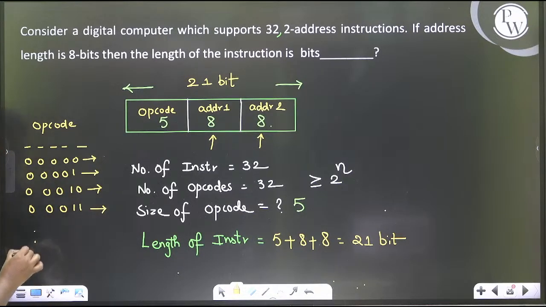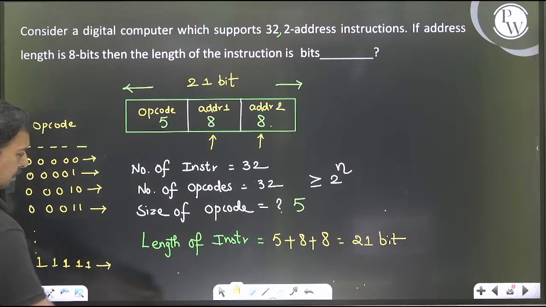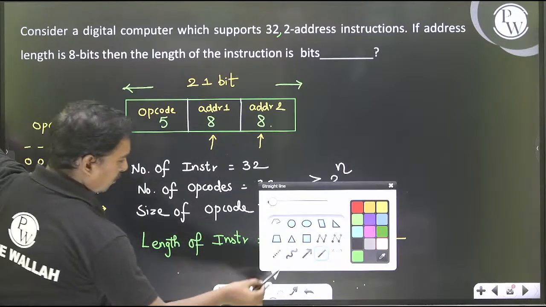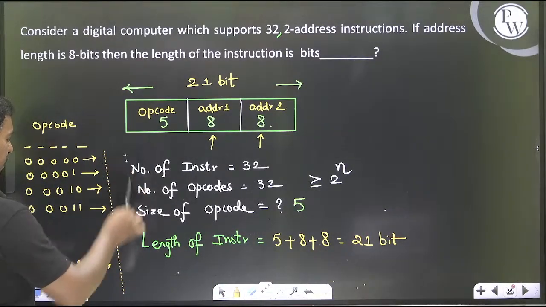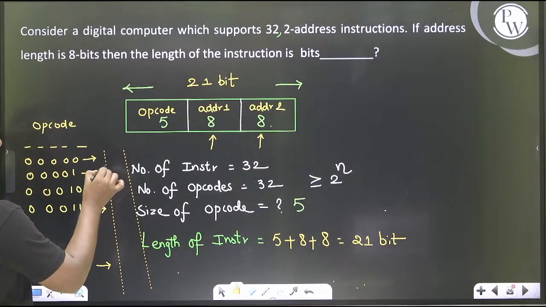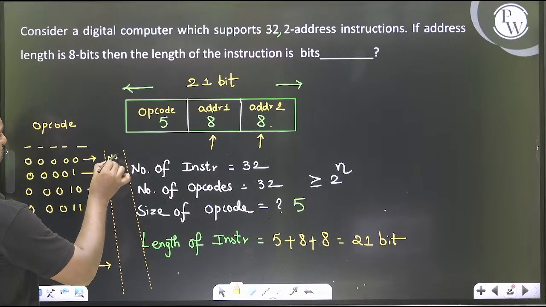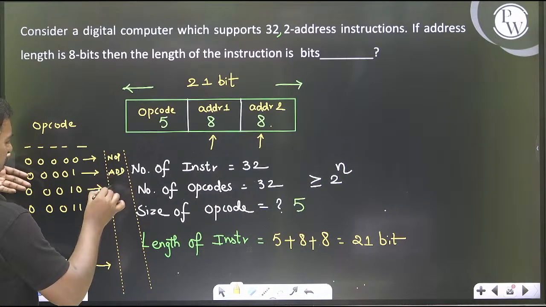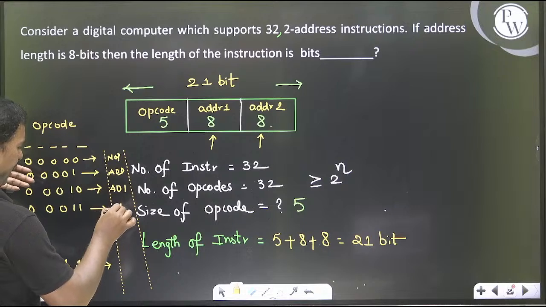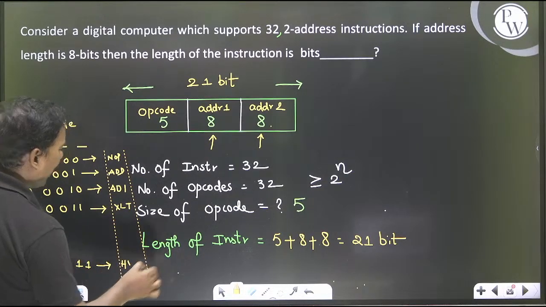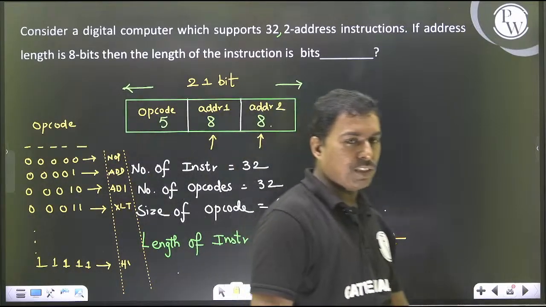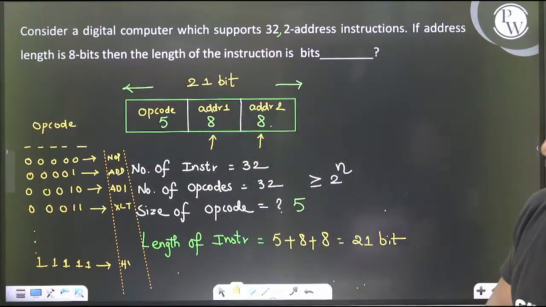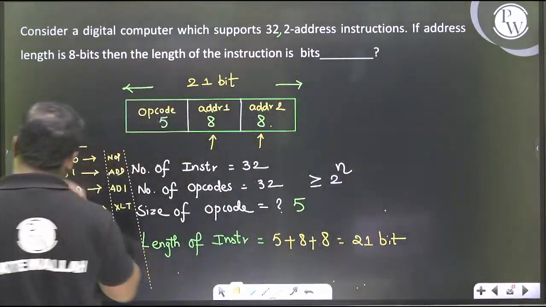Like that, 1 1 1 1 1 is another category. For example, these can be representations for NOP, add, add immediate, exchange, something like that. Understood? So if you have 5 bits, you can write 32 opcodes.